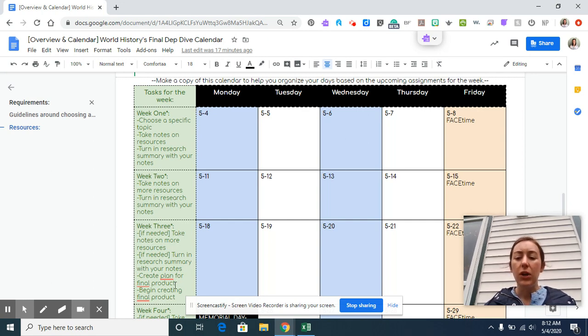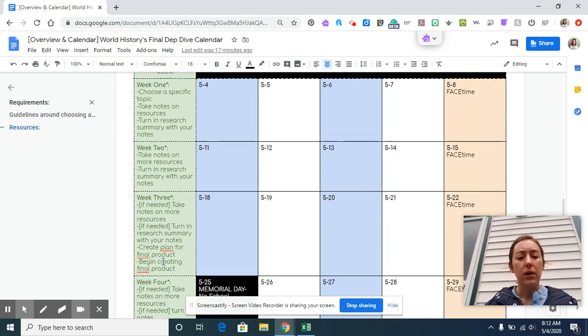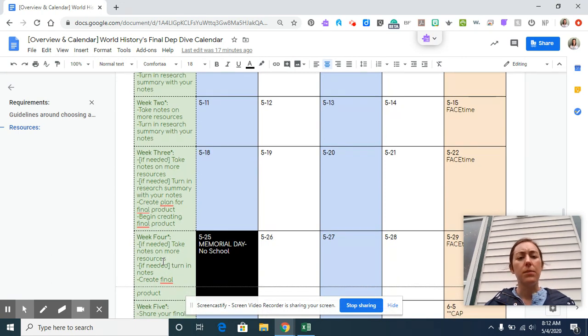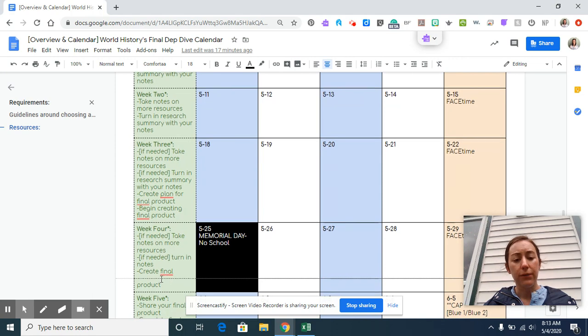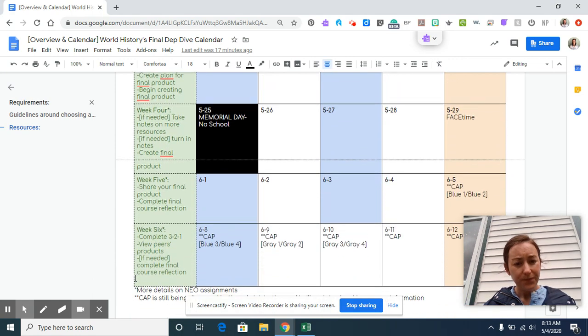Week 3 is kind of an overlap. If you still need some clarification on different parts in time, or you just want more information, you have time to take more notes if needed, as you can see there. But it's also time to begin creating something. In week 4, that is all for creating your final project.